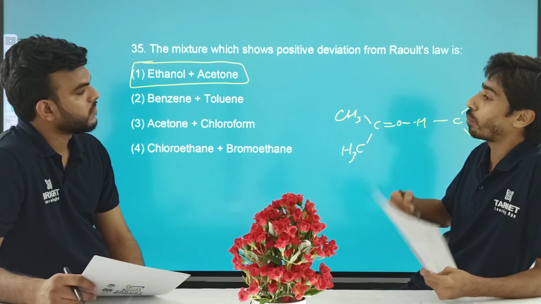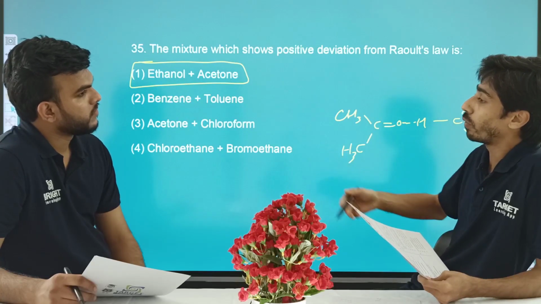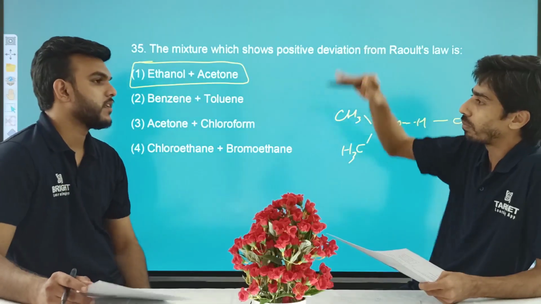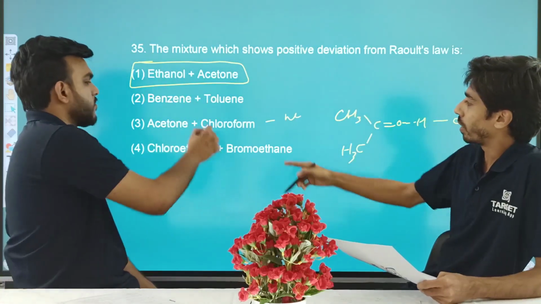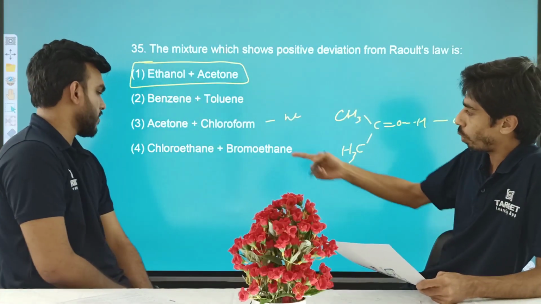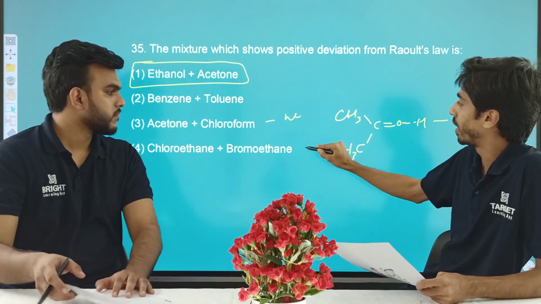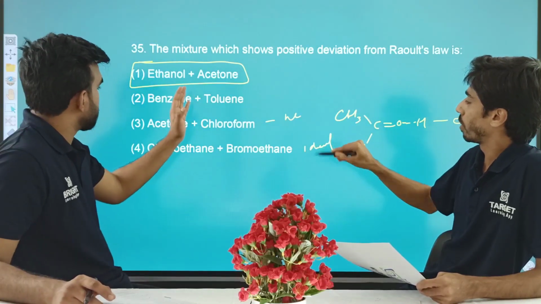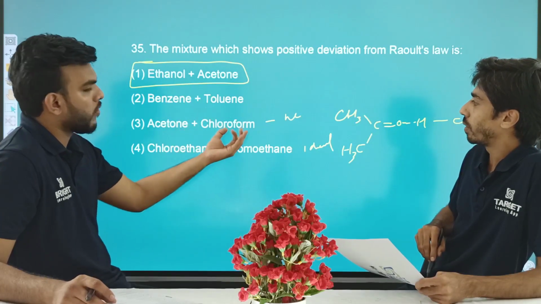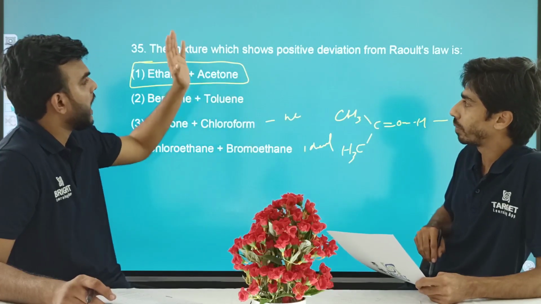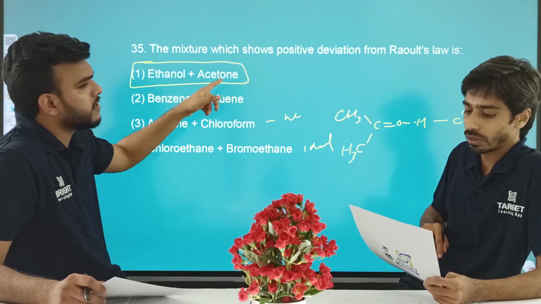So when a new hydrogen bond is formed, the molecules will find it very difficult to escape, so the vapor pressure will be reduced. So that shows negative deviation. And chloroethane and bromoethane are an example of an ideal solution. So the second and the fourth options are ideal. Acetone and chloroform show negative deviation, and only one shows positive deviation. This is a direct question.